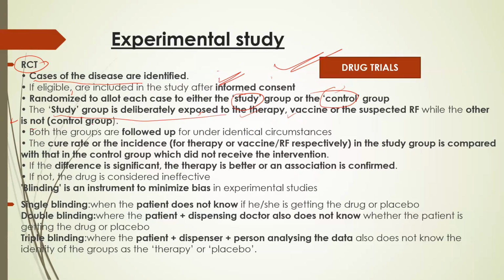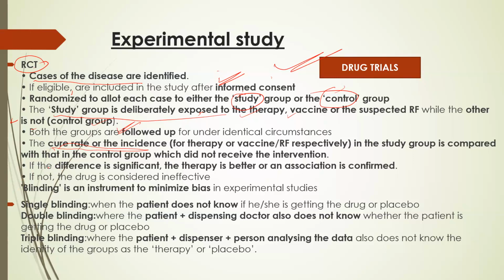After this exposure, they are followed up. Then after being followed up for a particular period, the disease incidence or the cure rate is determined. That is, the number of patients who are disease-free in each group is studied and compared.